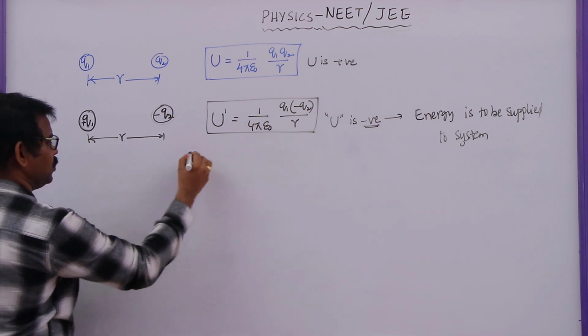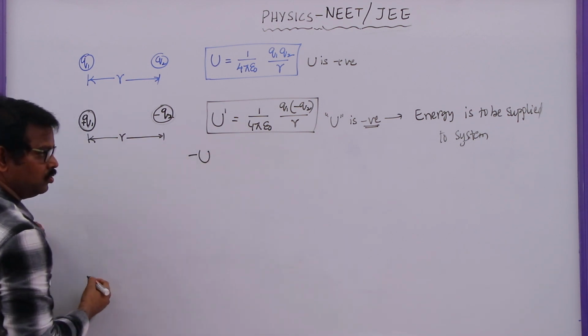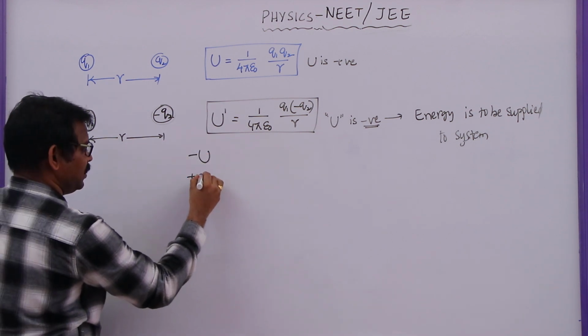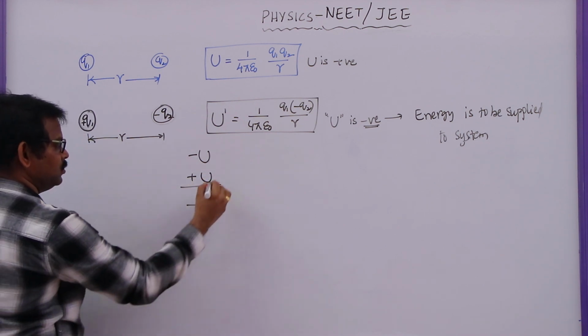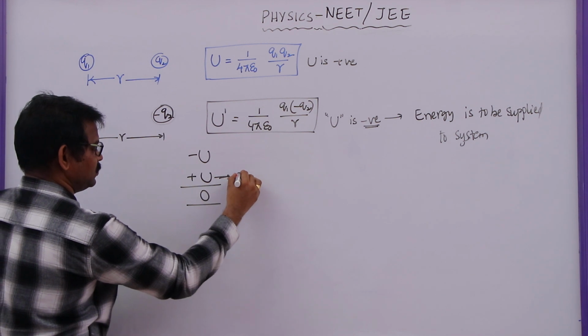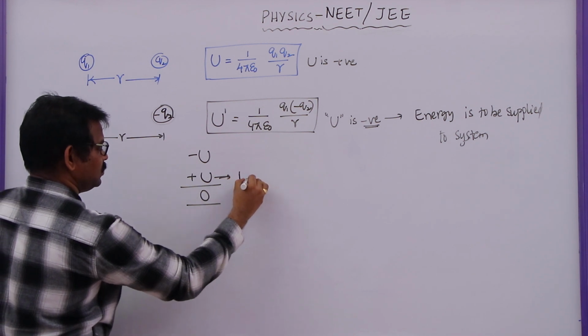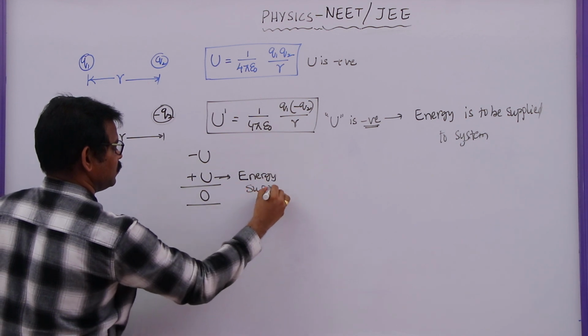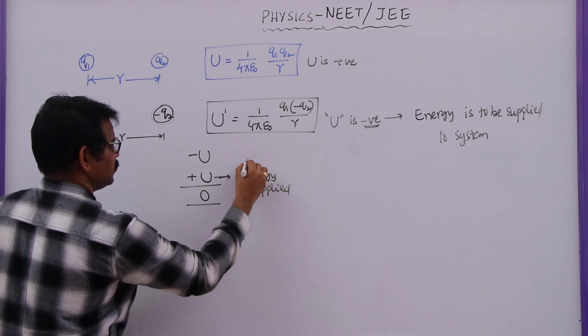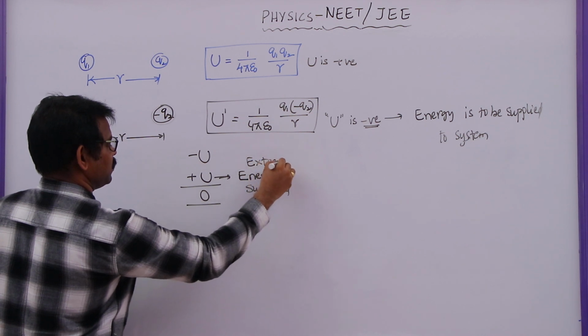So the negative potential energy is minus U. If you add some energy to this one, we can make the total energy 0. So this is the energy supplied by us, that means energy supplied externally.